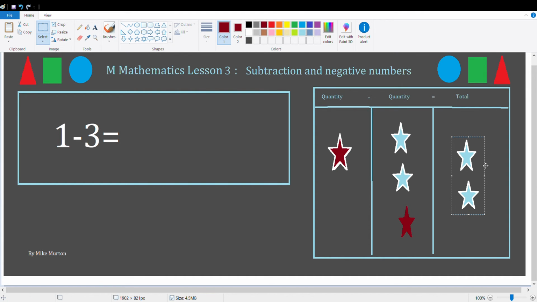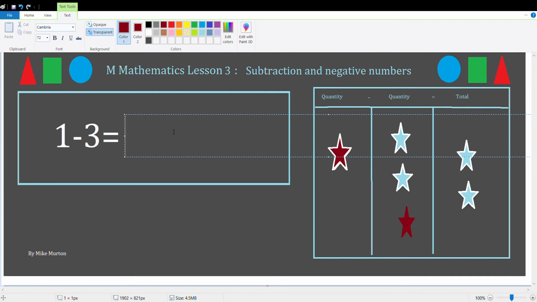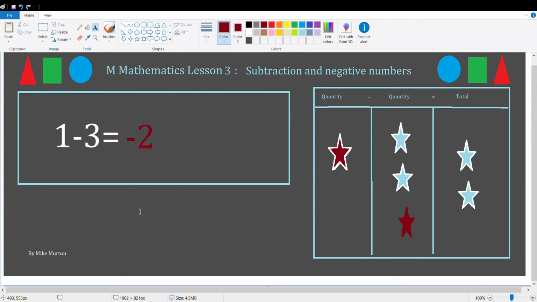I'm left with these 2 blue stars, and the blue stars represent negative quantities, and that's 1, 2. So to represent a negative number, 1 minus 3 is equal to negative 2. To represent that, I put a negative and a 2. That's the answer.